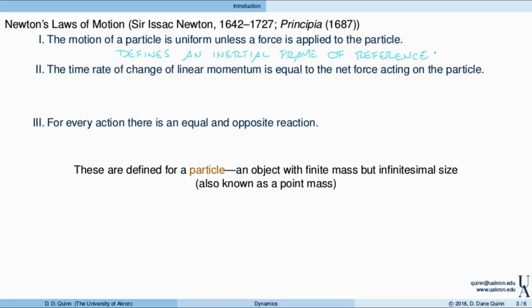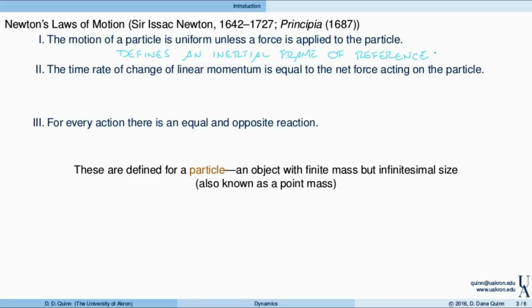Now, contrast that to, say, an example where you were in the back of a semi-trailer truck. You didn't really have any visual reference outside, but as the truck moves, you can sometimes feel the motion of the truck. Not bumps over the road, but if the truck is going in a straight line and everything is smooth, you wouldn't be able to tell that the truck is moving. You have no way of knowing how fast it's going.